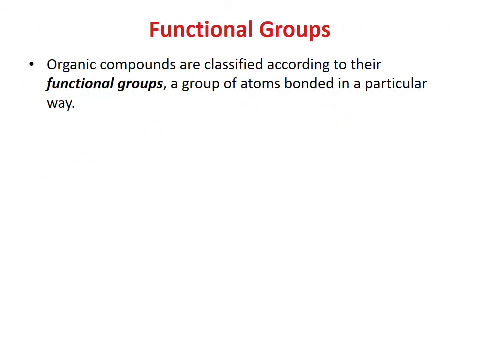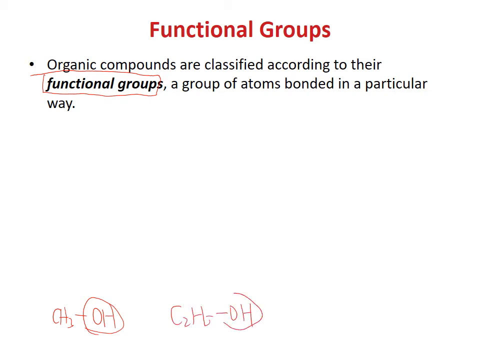Organic compounds are classified according to their functional groups, a group of atoms bonded in a particular way. For example, if CH3 is attached to OH, this is called an alcohol, so OH is a functional group. C2H5 attached to OH, again, it's an alcohol.